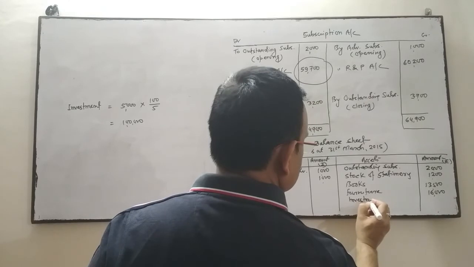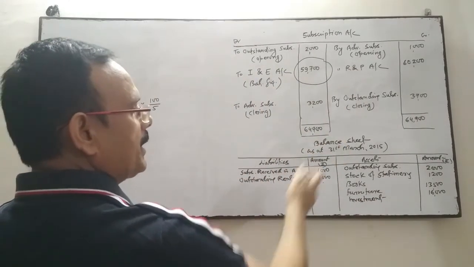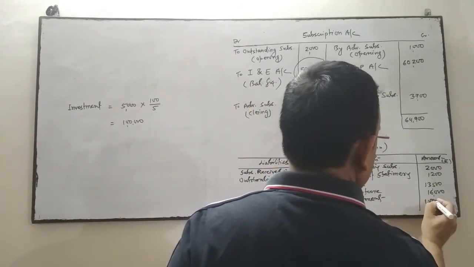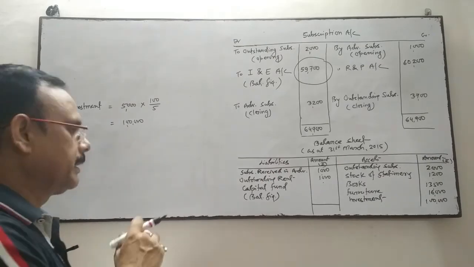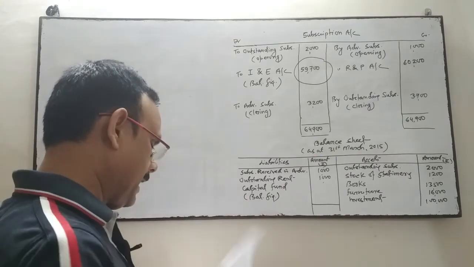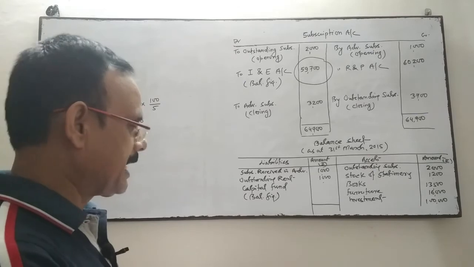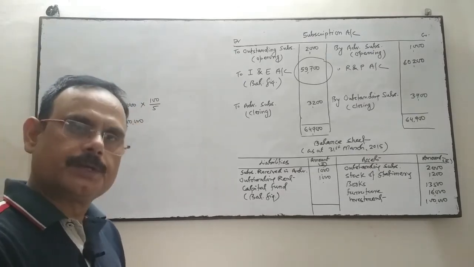Current year, no investment. This is the investment of last year, and I am preparing the balance sheet of last year. It is 1 lakh. Investment is 1 lakh. One more item we have to write over here, cash in hand. You have to see in the receipt and payment account, debit side, first information, cash in hand 1st April 2015.